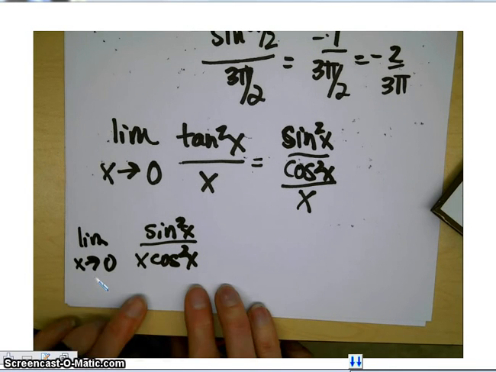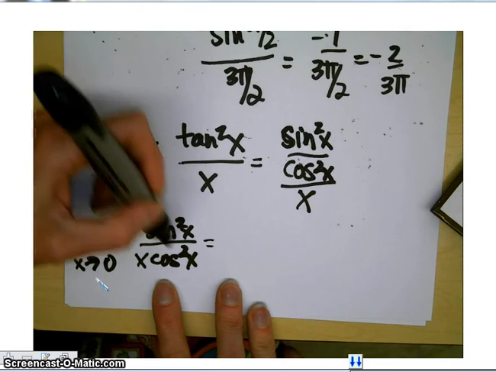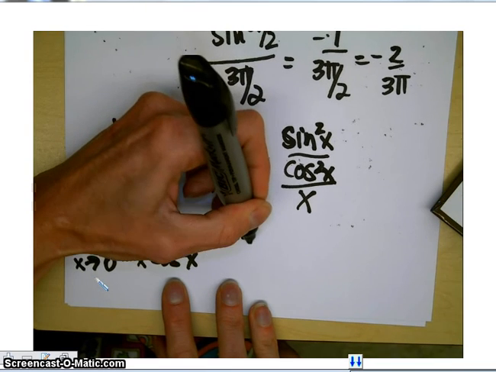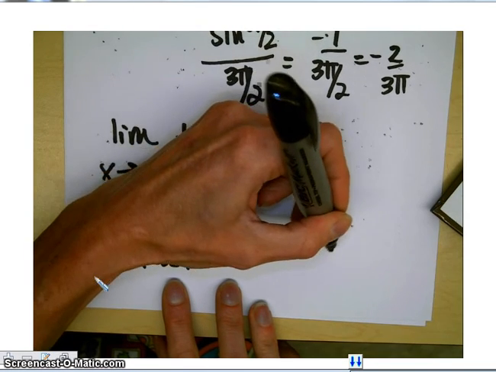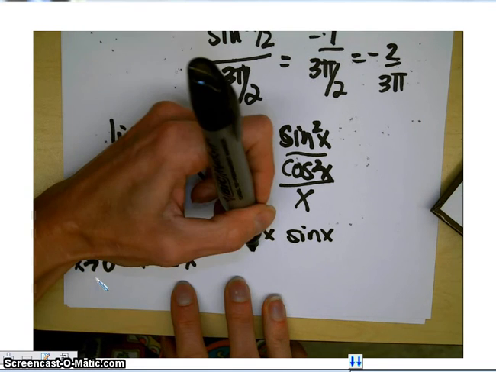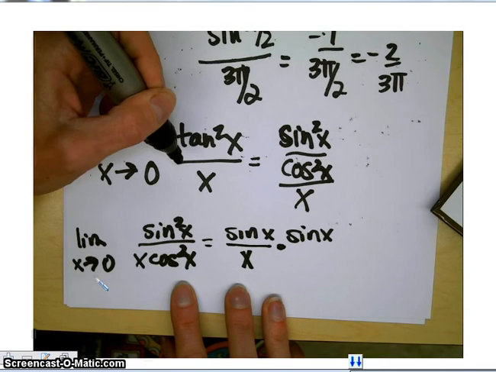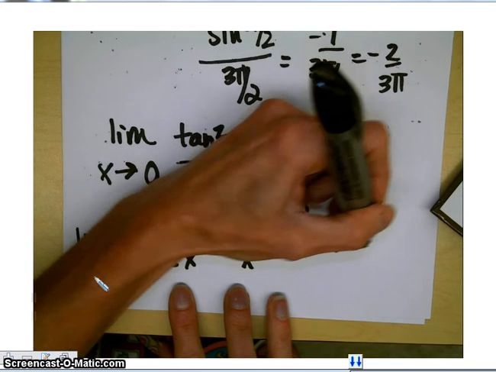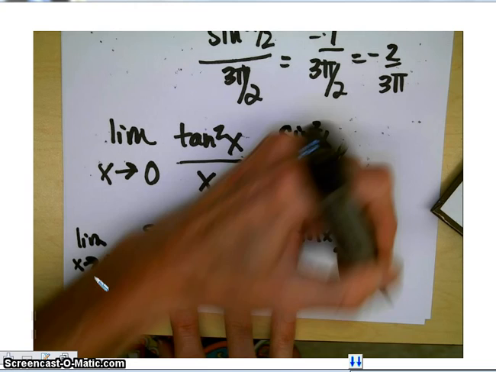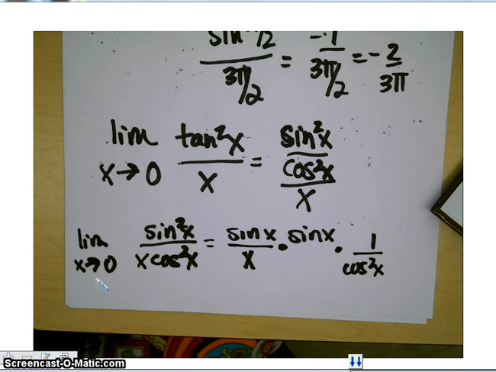I'm going to separate this. Sine squared means sine of x times sine of x, and can't I put that x on the bottom of, say, this one, and then times 1 over cosine squared of x? Is this the same as what I have there? Do I have sine squared on top? Do I have x cosine squared x on the bottom?